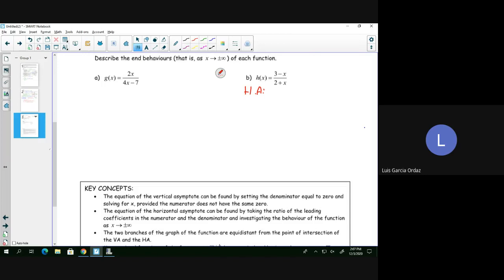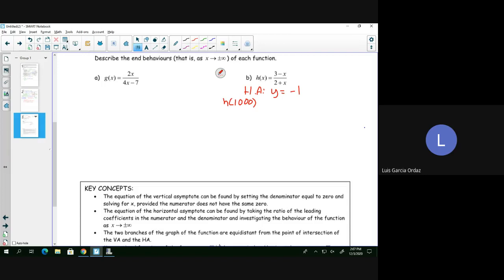We're looking at the numbers that are the coefficients in front of the variable. So yes, thank you. It's negative 1 over 1, which is just y is equal to negative 1. Okay, so now we're going to take the same values. So we're going to take h at 1,000 and see if it's bigger than or less than negative 1.